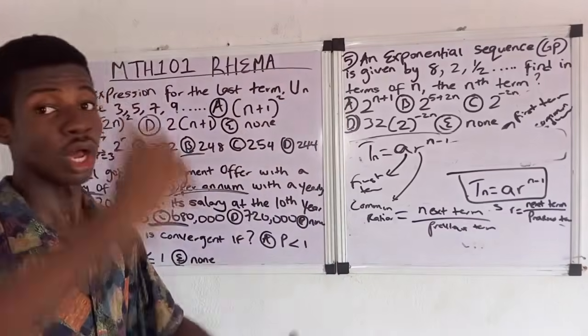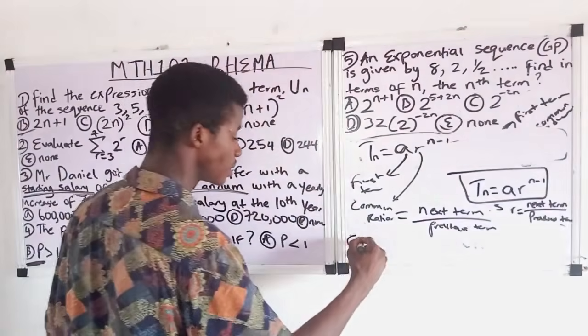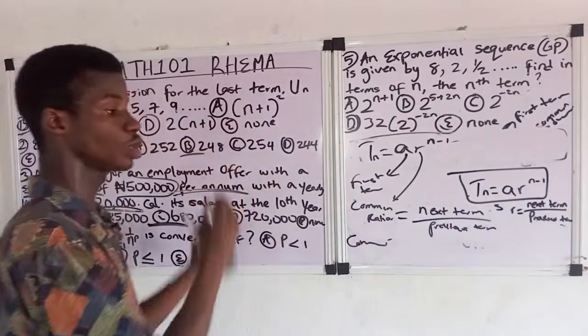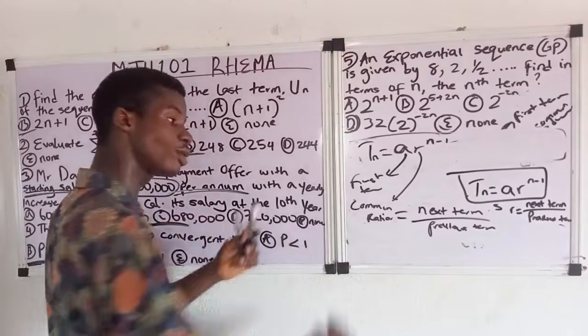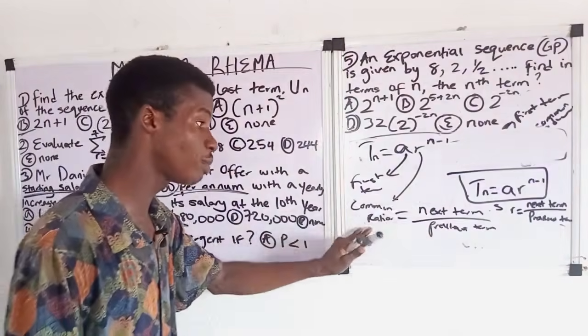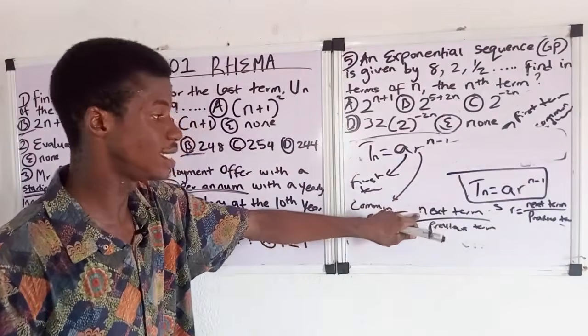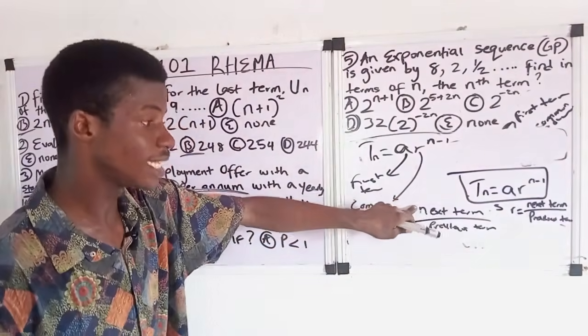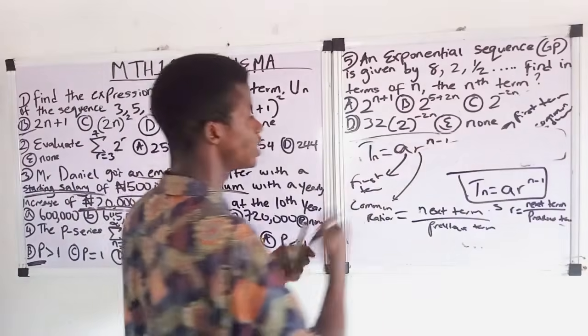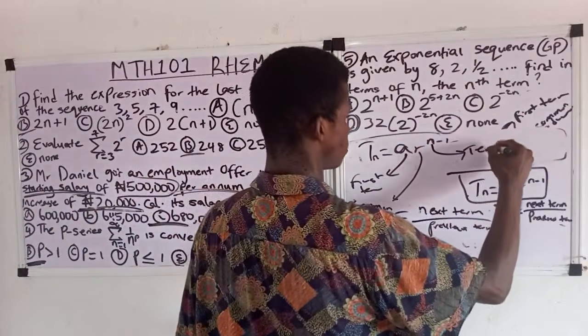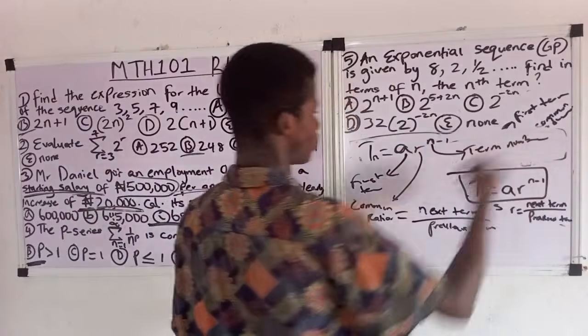In AP, to get the common difference, we subtract; but in the common ratio, we divide the next term by the previous term. And n is known as the term number.